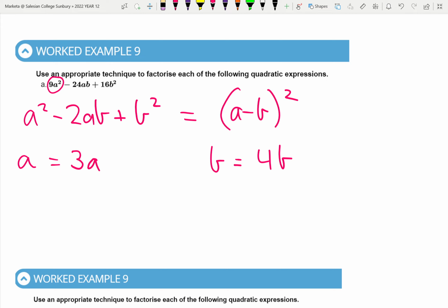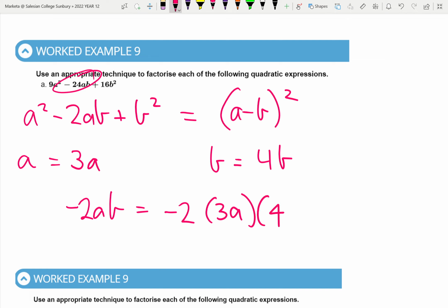So now what I want to check is if negative 2ab is going to equal my middle term. So let's do that. Negative 2 times a times b, and that's going to give me negative 2 times 3a is negative 6a times 4b, and yes, negative 24ab.